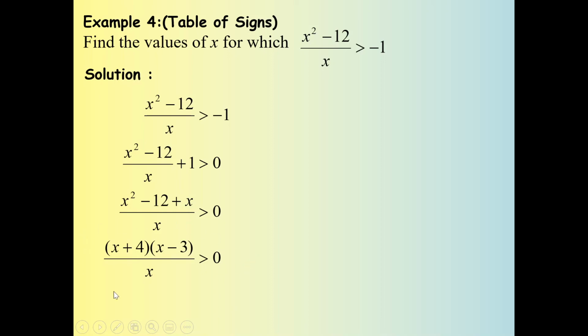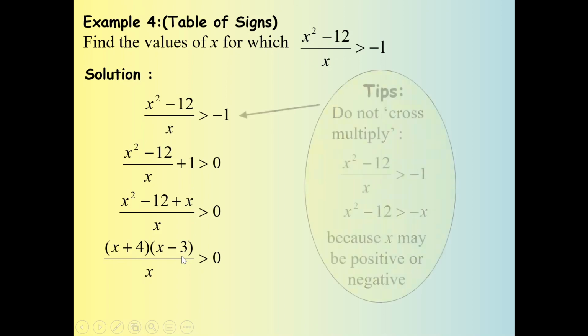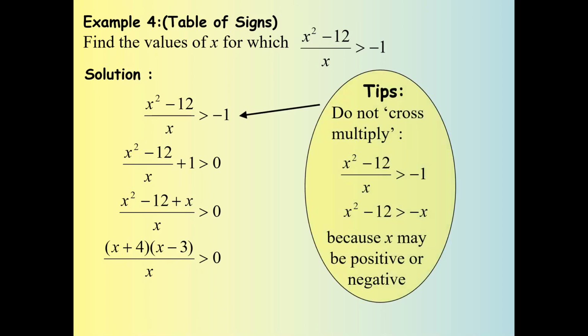This is the end result of the simplification. So take note that we do not cross multiply because x may be positive or negative. So the critical numbers for this will be -4, 0, and 3.